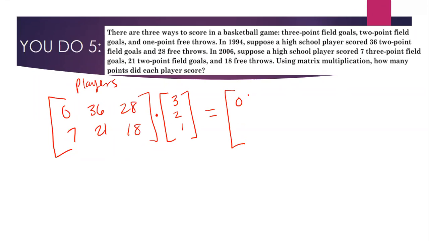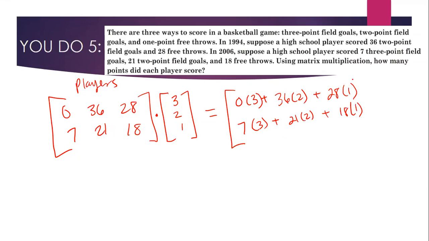So we have 0 times 3 plus 36 times 2 plus 28 times 1. That's player 1. Player 2, we have 7 times 3 plus 21 times 2 plus 18 times 1. And we proceed to add. So we have 0 plus 72 plus 28.